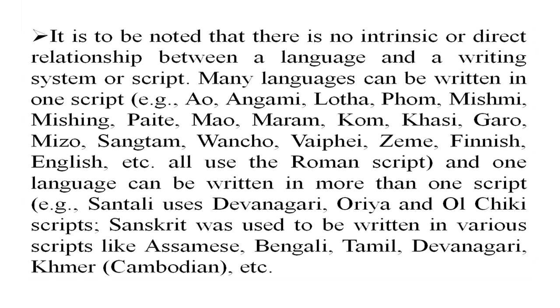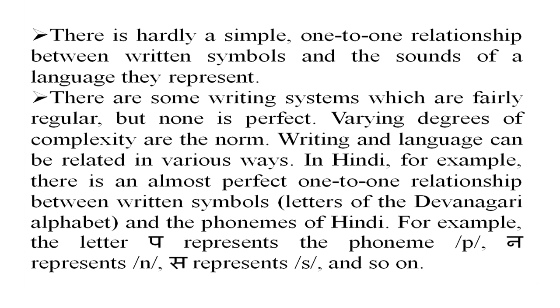It is also not necessary that every written letter or symbol should represent one sound. So, one sound, one letter in the alphabet, it is not necessary. We have so many examples in India, and even in Western countries, of languages spoken in other parts of the world. It is not necessary that every sound has to be represented in the writing system.